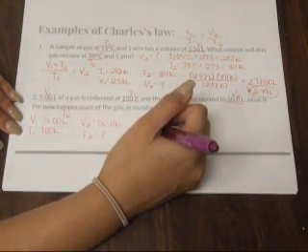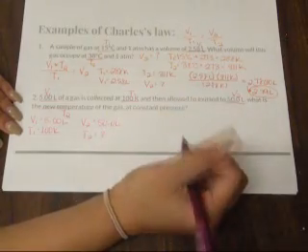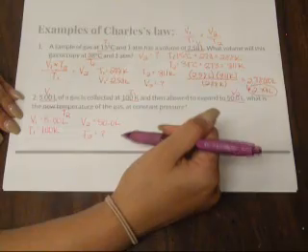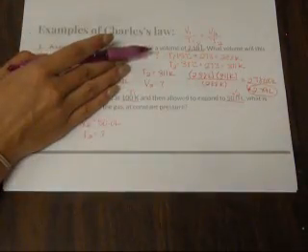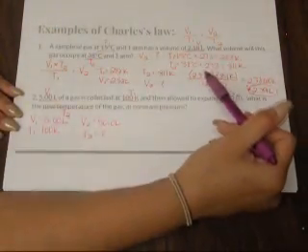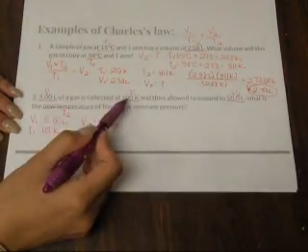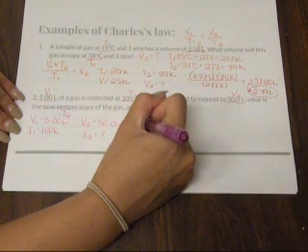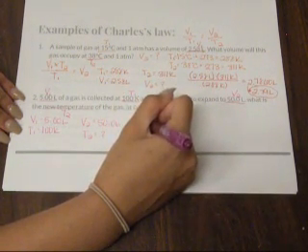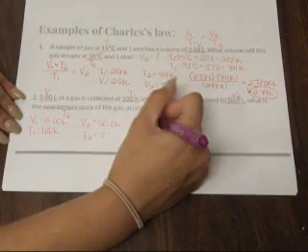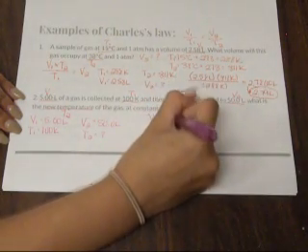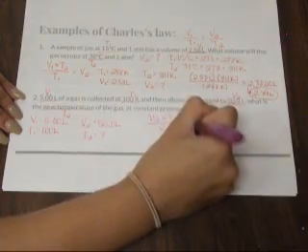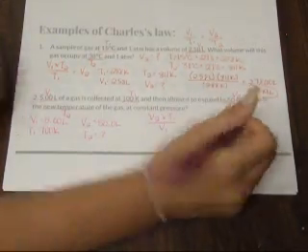So next we're going to rearrange the equation to find the new temperature. Unlike in our first problem, we will not need to convert from Celsius to Kelvin because our temperature is already in Kelvin. So, the equation, when rearranged, will look like V2 times T1 over V1 equals T2.